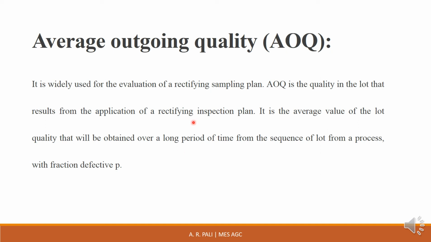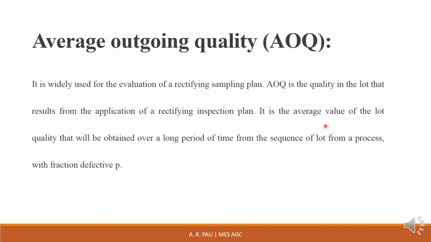So imagine that there is an inflow of so many lots, and over a period of time lots are coming, we are inspecting, we are applying this rectifying inspection plan, and then after a long period of time, we are now finding out the average outgoing quality of all these lots. So we are averaging the proportion defective of all these lots, and that average proportion defective will be the average outgoing quality.